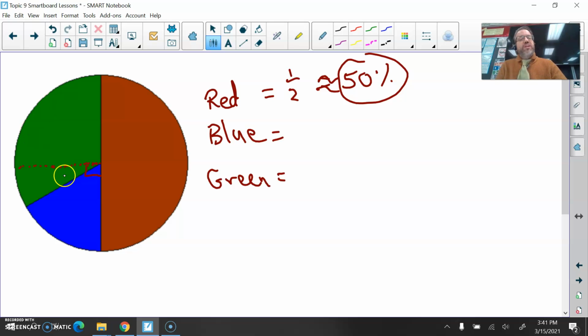And I can see the green section is greater than 90 degrees. And actually, the amount that it is greater than 90 degrees is about the same as the amount that this other one is less than 90 degrees. That could work as a good hint for us too, because 90 degrees would be 25%. It would be 1/4 of the overall graph.